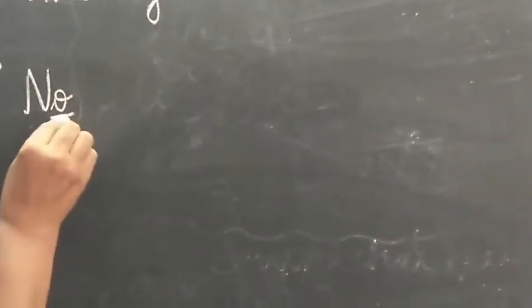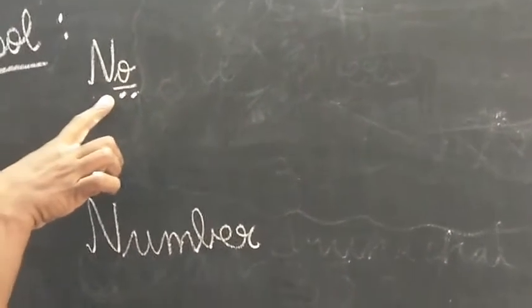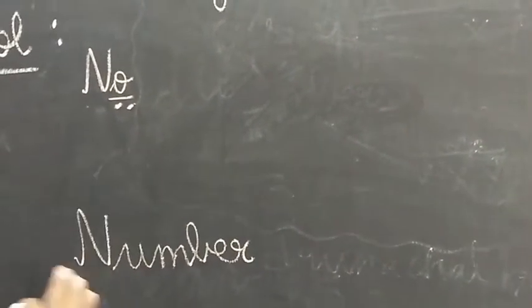Okay, so number of cars. For number, you can write a short form like this, children. Instead of writing NUMBER, you can write this short form. Understood, children? You can write like this for number.